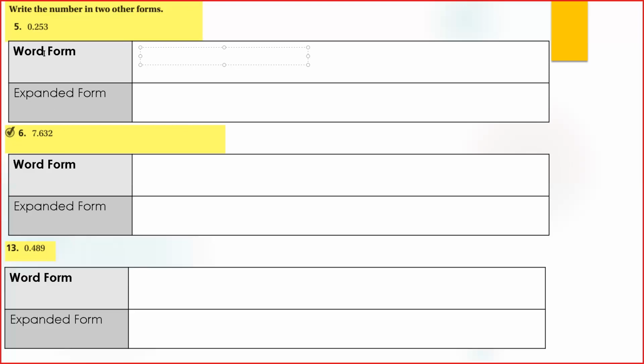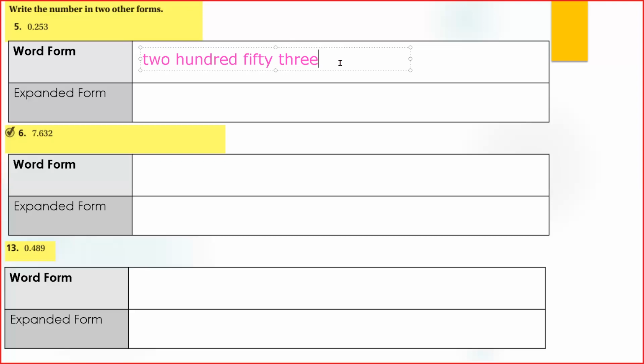Yes, Lana. Point number 5. How can you write the number? 200. 200 what? 53. Thank you. 253. And where did you stop? Tenths, hundredths, thousandths.